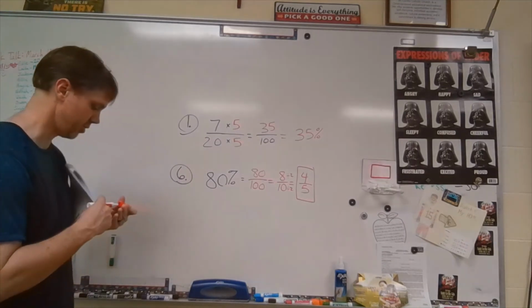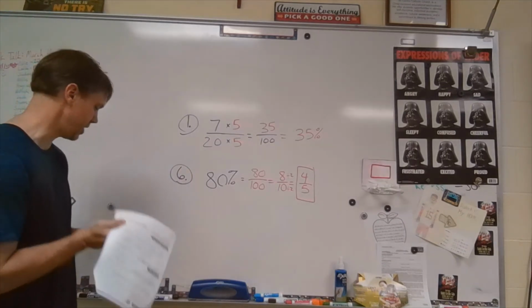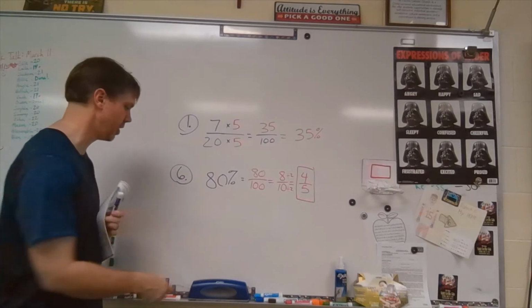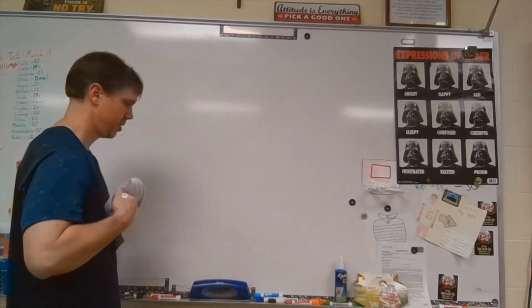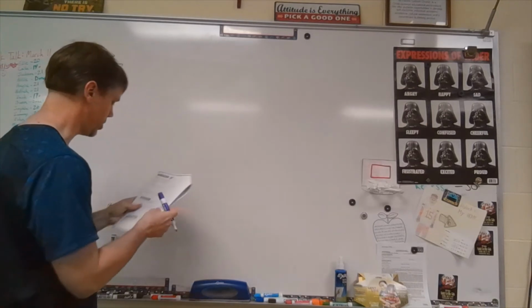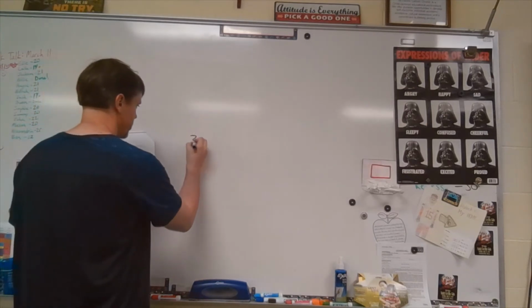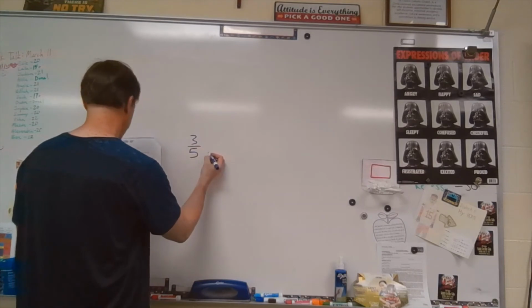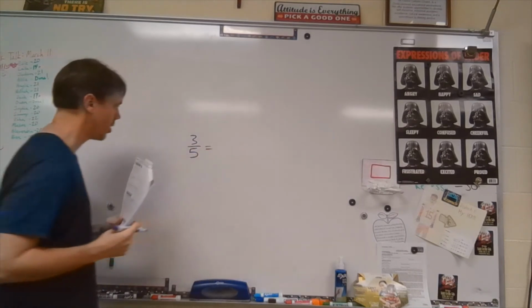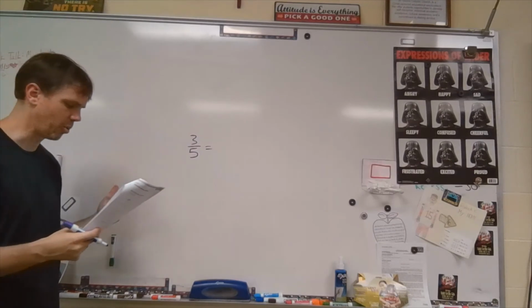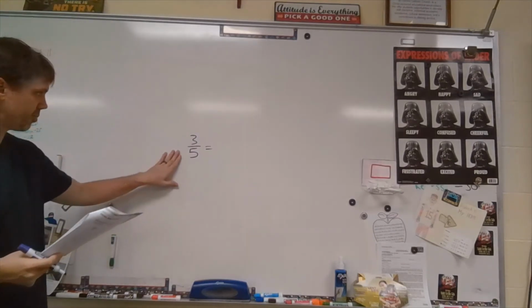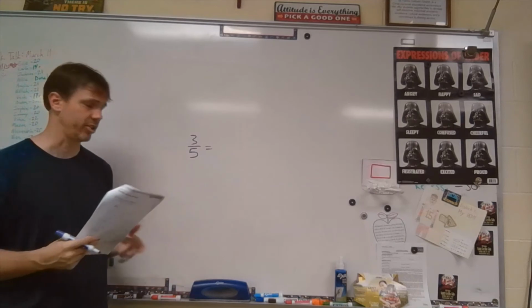We'll do number 11 just real fast. It's not tricky, but just so you see another one of them. All right, so number 11 is 3/5 as a percent. Okay? So kind of like number 1, this is going to involve putting it over 100 to figure out what the percentage is.